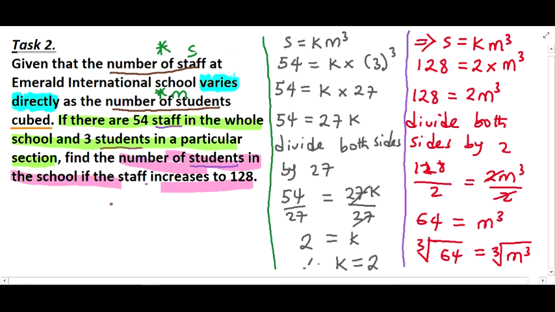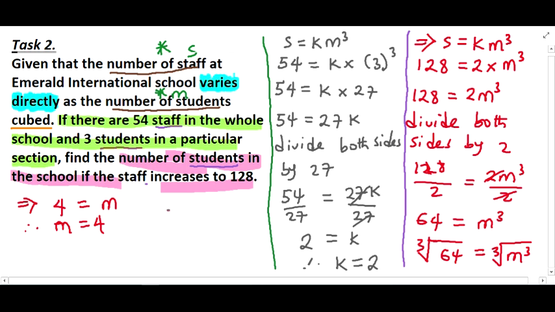So I'm on this part of the board right now, please don't be confused. The cube root of 64 is 4, and the cube root of m cubed is just m. So therefore m becomes 4. So the number of students in each section when the staff increased was 4 raised to power 3, which is 4 cubed. And that makes sense.